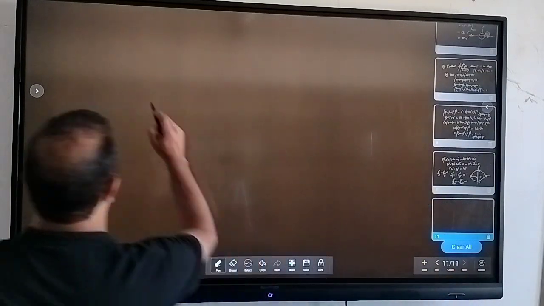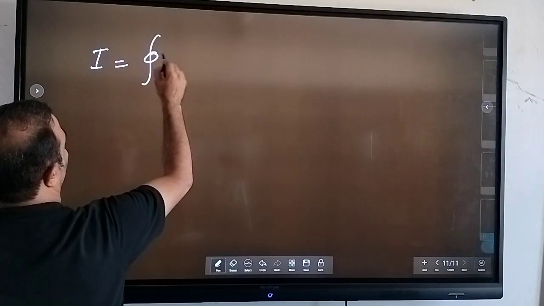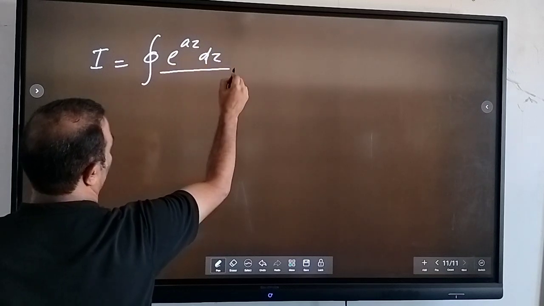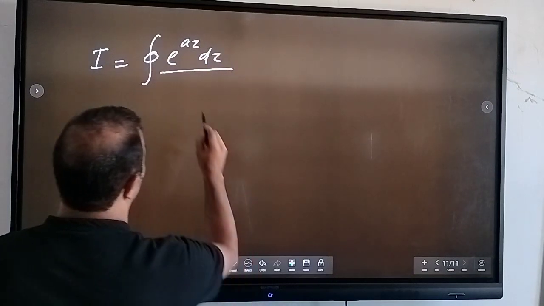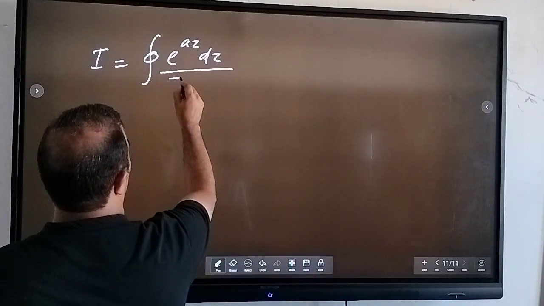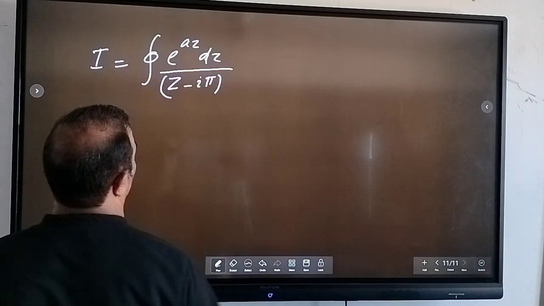Just put one more, so you can have that integral equal to e power a z dz upon, is it z minus z upon, right?